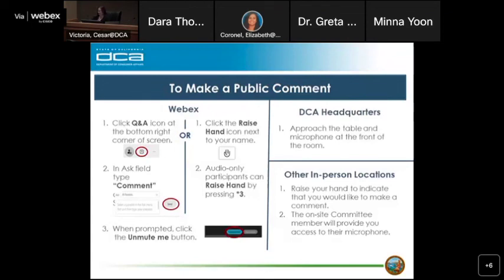You can also raise your hand by clicking on the raise hand icon next to your name. For those calling in, you can press *3 to raise your hand. No requests have been submitted. Would you like me to close the Q&A? Yes, thank you so much.